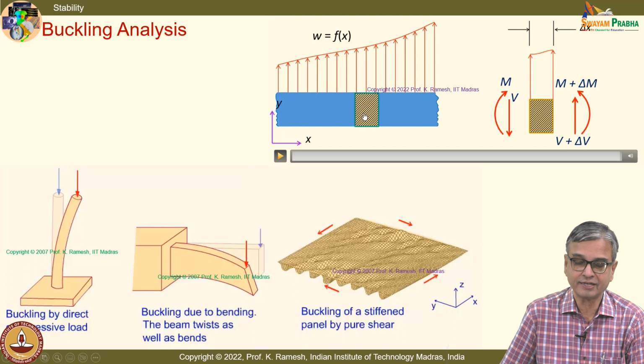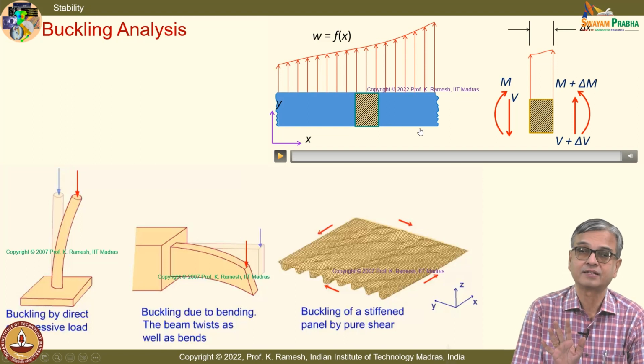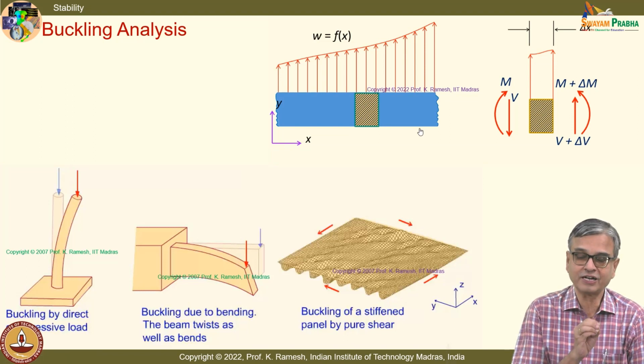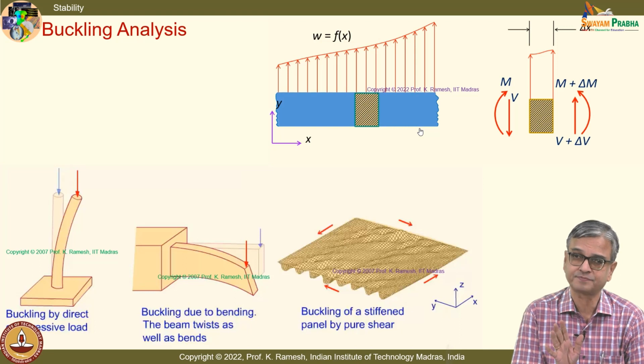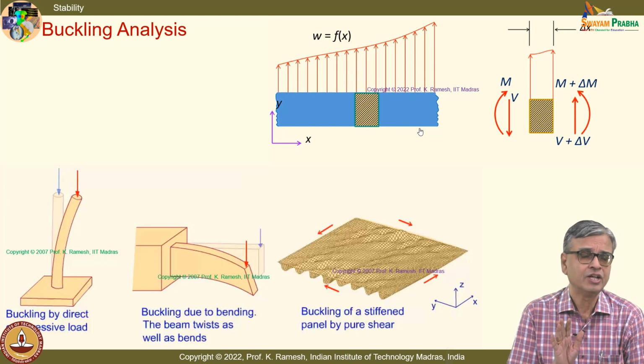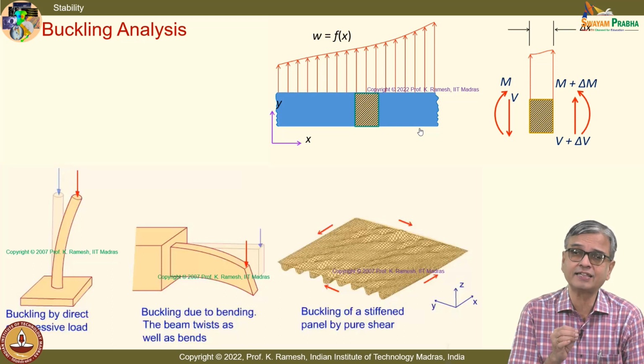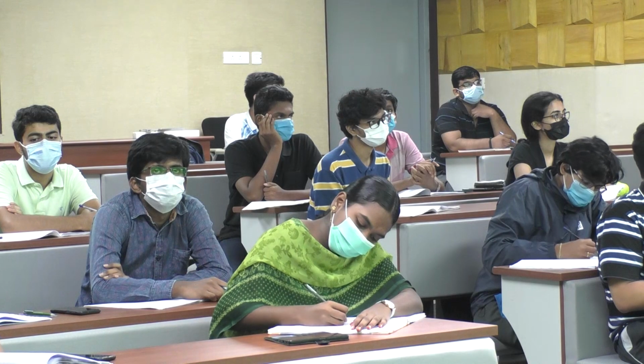You get the point? That is the fundamental difference. When we did the deflection analysis, we did not consider the beam as deformed. We solved it in undeformed coordinates. On the other hand, when you come for buckling, we consciously take that as deformed, then only we are in a position to write the mathematical expression.